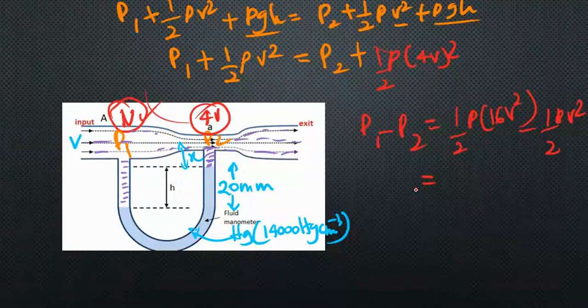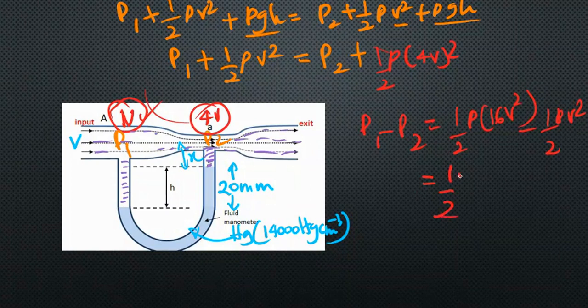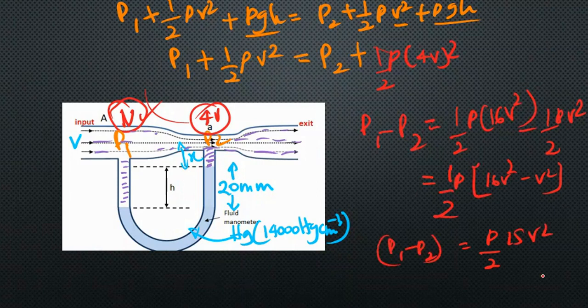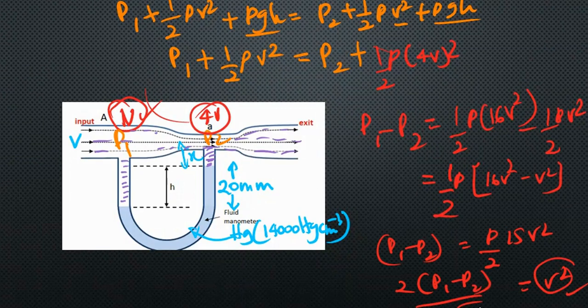Rather than passively watching, keep practicing and follow through with me. Half rho is common, so I get 16v squared minus v squared, which is half rho 15v squared equals P1 minus P2. So to find v squared, 2 times (P1 minus P2) divided by 15 rho gives v squared, right?